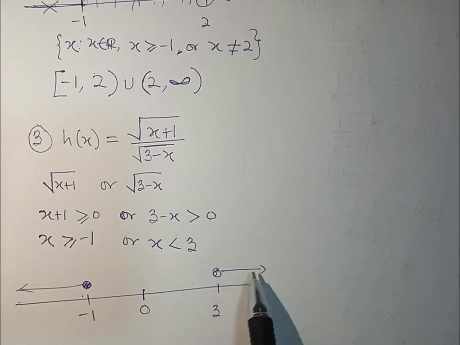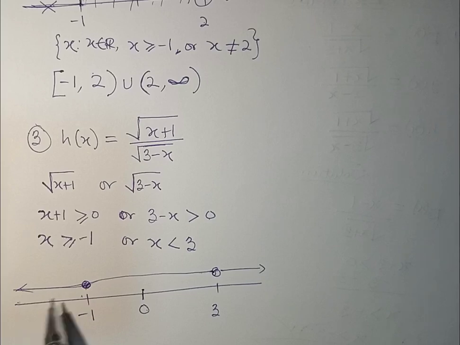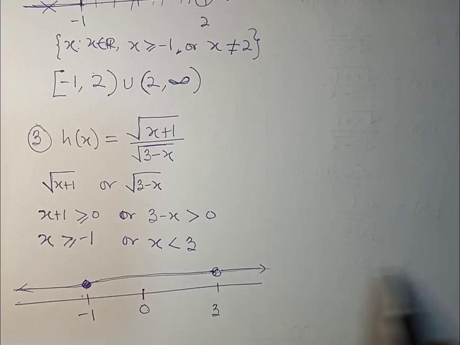If that's the case, then we can consider this portion and consider this portion outside these two and see whether they can work. Now, if I want to continue from the 3, we are saying that numbers less than 3. So we can go on like this to infinity. Then I have all these values here. And if I start from -1, we are saying the number should be greater. So I can also continue going to infinity.